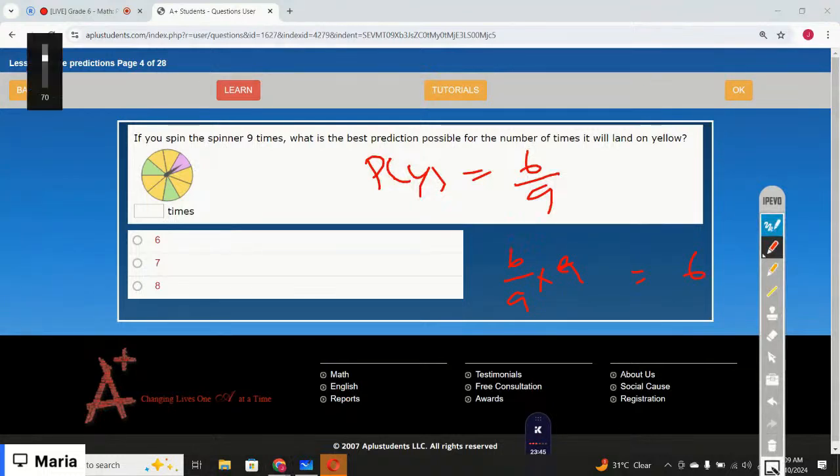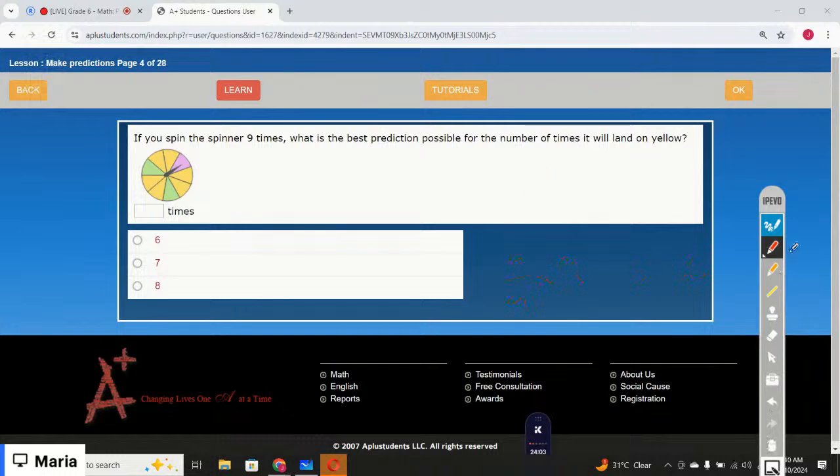That is 6 times it will land on yellow. The correct option is option number 1, that is 6.